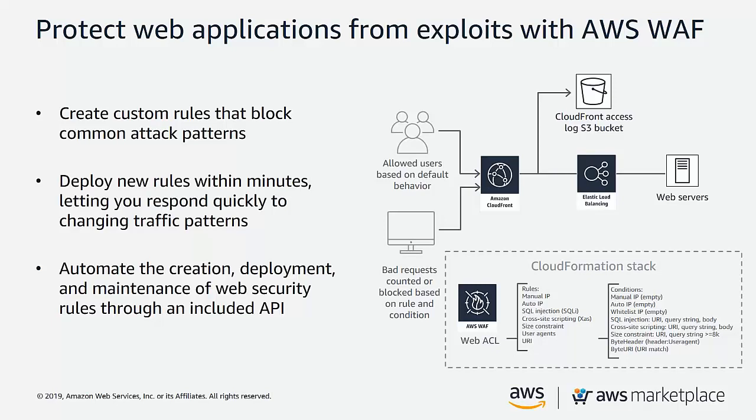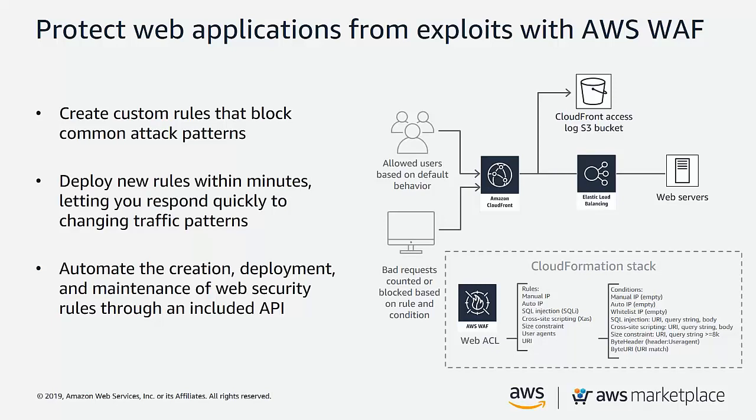Now, the thing you have to provide is a set of rules that the WAF is going to use to block traffic. First of all, you can create your own rules, and they could be based upon a set of rules already defined to block cross-site scripting. It could be filtering on IP address, HTTP headers, URI strings, and that kind of thing.